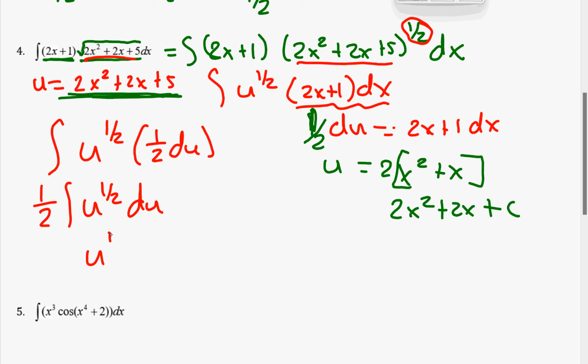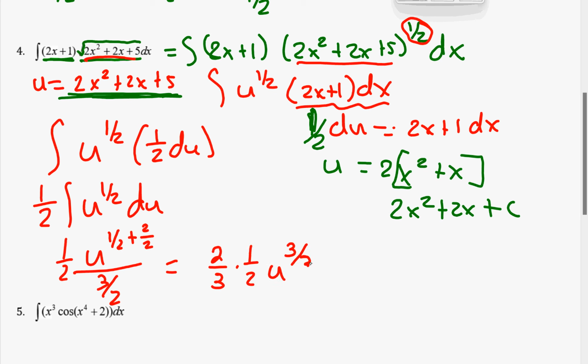Now I can add 1, which is 2 over 2, and divide by that same number 3/2. I already have a 1/2 out front, so it becomes 2 over 3 times 1/2 u to the 3/2. Oops, 3/2. 2's would cancel, so I'd get 1/3.